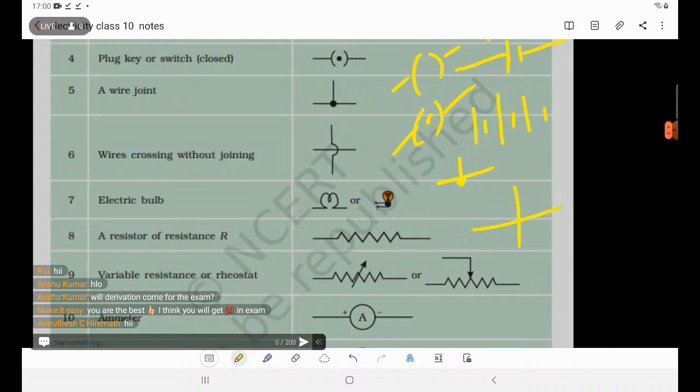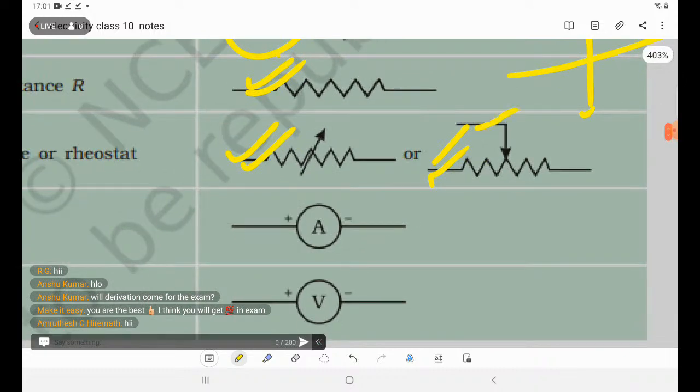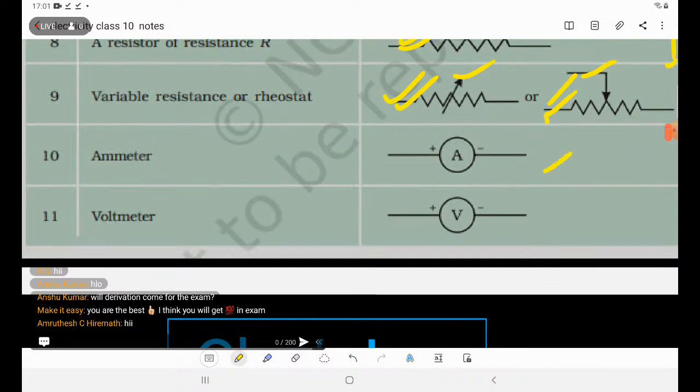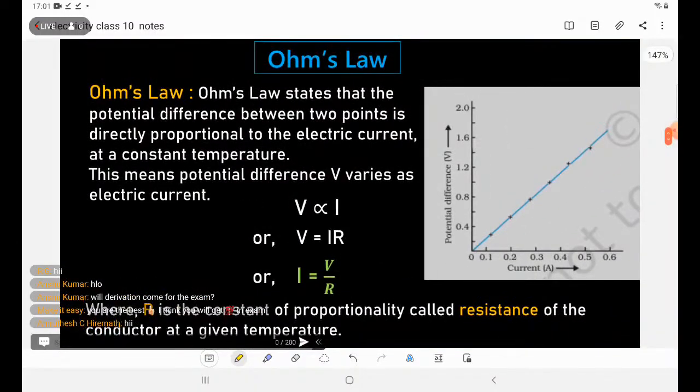If there is a point, the wires are joined; if there is no point, the wire is just passing over and it is not a joint. Wires crossing without joining can be drawn either way. Electric bulb: better to draw this one because it saves time. Then resistor, and rheostat, which has two types, so don't get confused if they give this one or that one. Ammeter and voltmeter, this we all know.